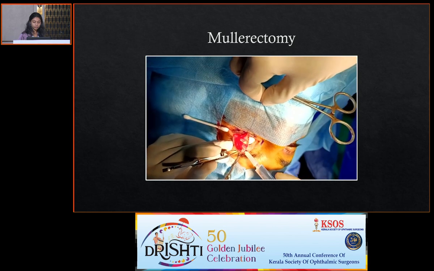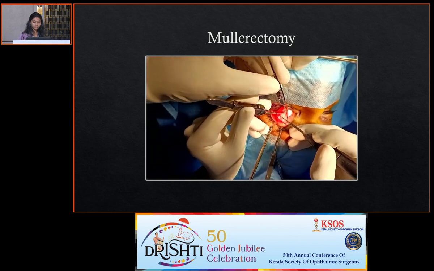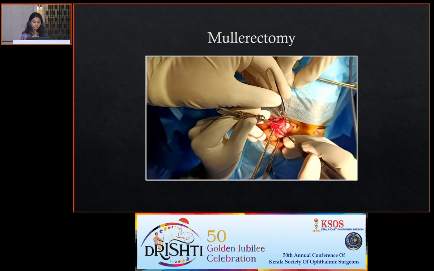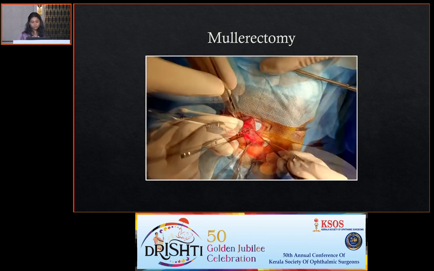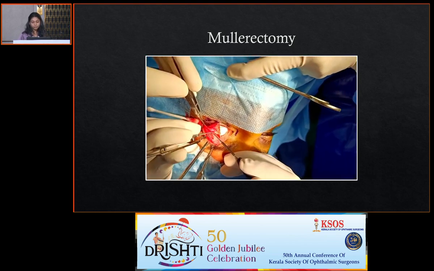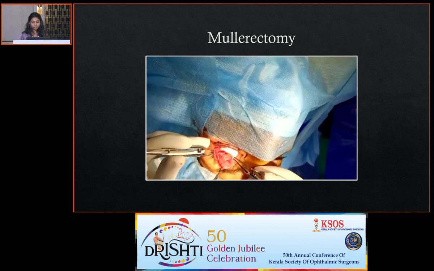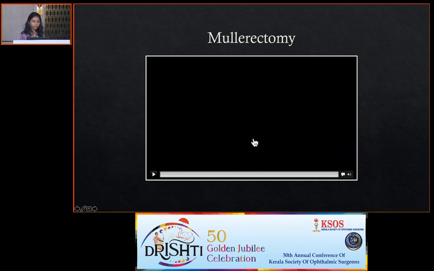Now local infiltration is done to create a plane between the levator muscle and the Muller's muscle. The Muller's muscle is then dissected off from the undersurface of the levator muscle and it is excised in toto. Fibrin glue is used to approximate the conjunctiva to the tarsus. Okay, thank you.